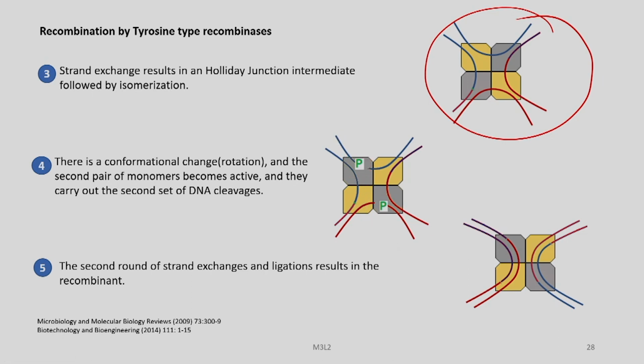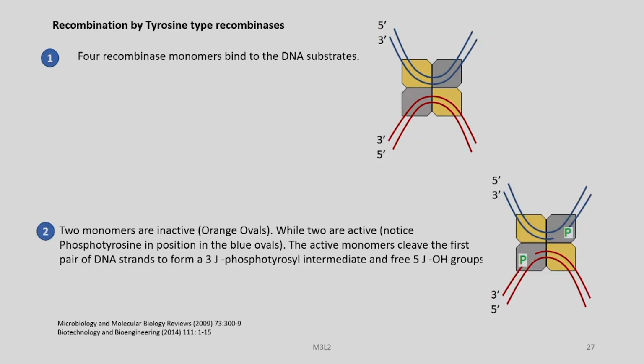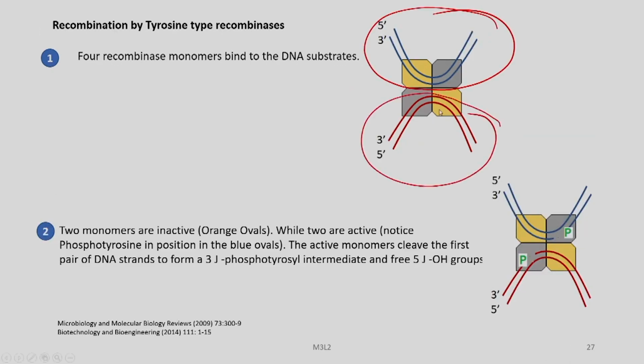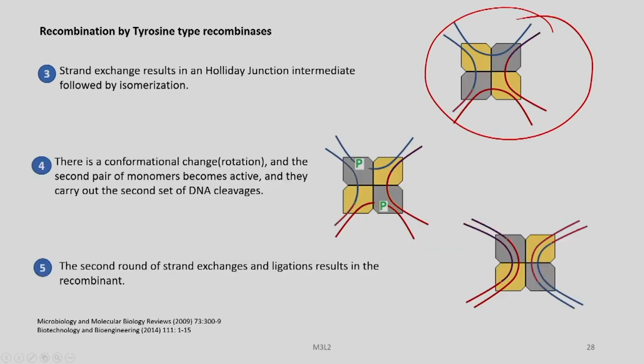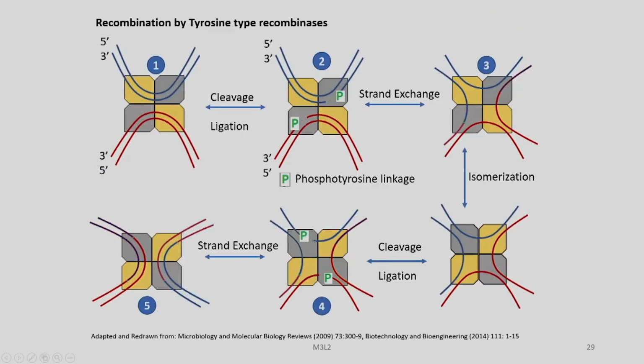Now, you can see here 2 different DNA molecules painted blue and red; after the recombination process each becomes a hybrid molecule as shown by these colors, having both the blue strand and the red strand, and both the products are now recombinant products.